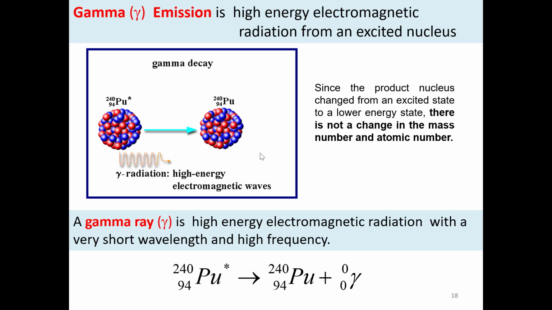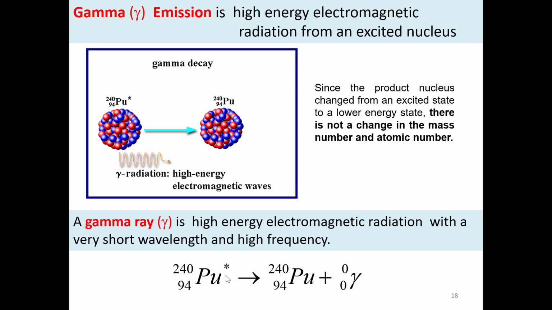In this example, we can see plutonium is an excited nucleus, and when the plutonium releases high energy electromagnetic radiation, meaning gamma radiation, then the resultant nucleus is more stable. In the equation, we can represent the excited state of the plutonium using an asterisk, and to represent the gamma radiation, we will use this symbol.